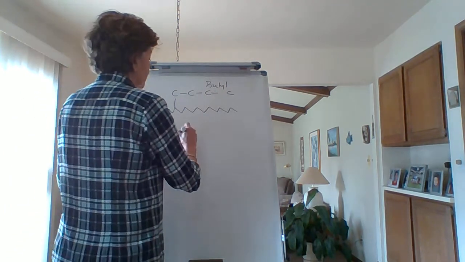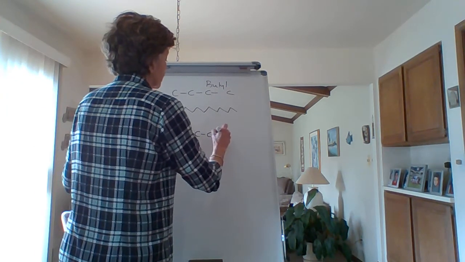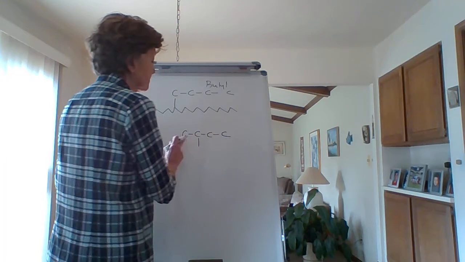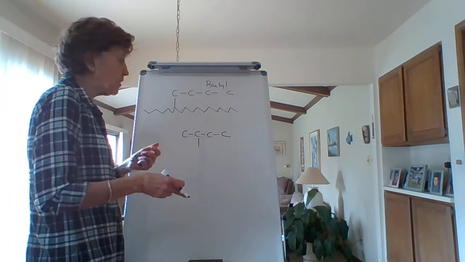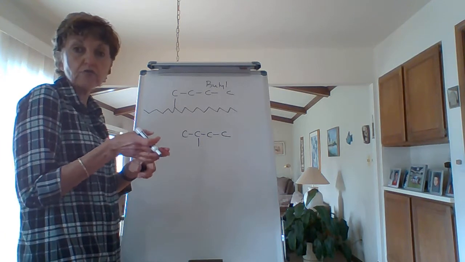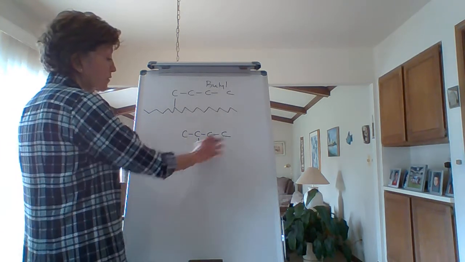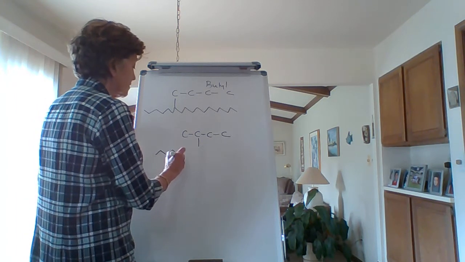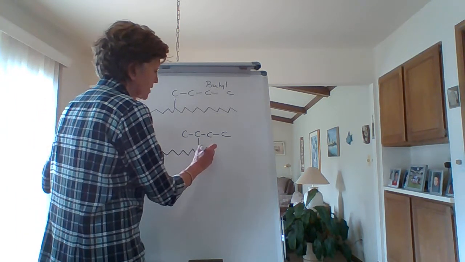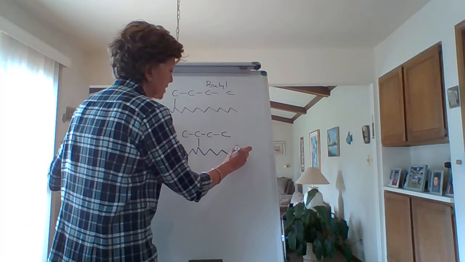Now, if you have a butyl group that's hooked up from the second carbon, and we're going to talk about types of carbons in the next video, primary, secondary, tertiary, and quaternary. But right now, if it's hooked up from the second carbon, so here's my parent, big, long, hypothetical parent, line drawing parent.